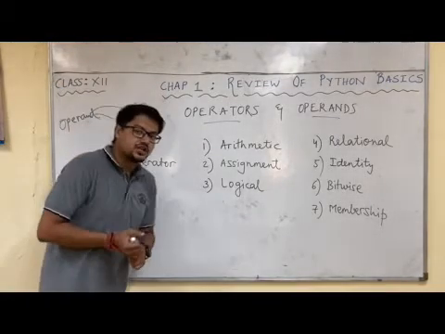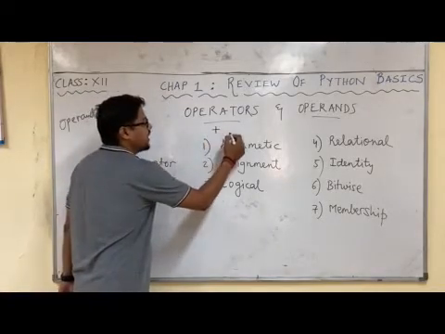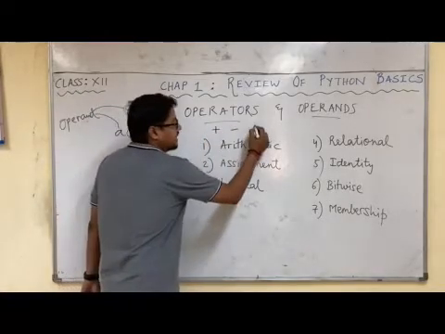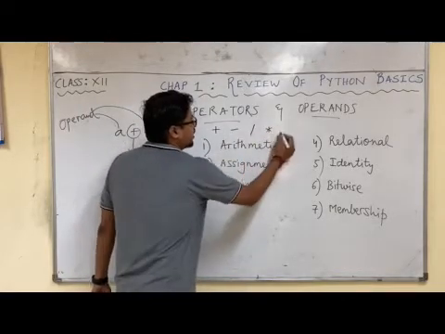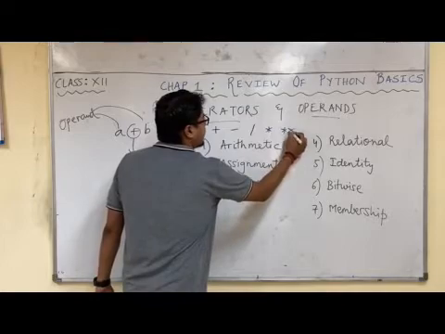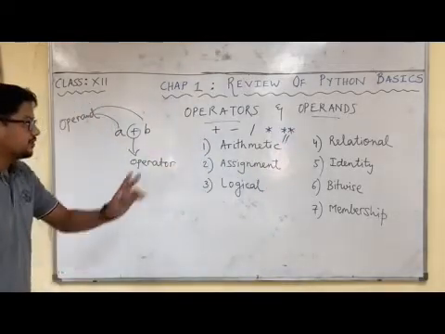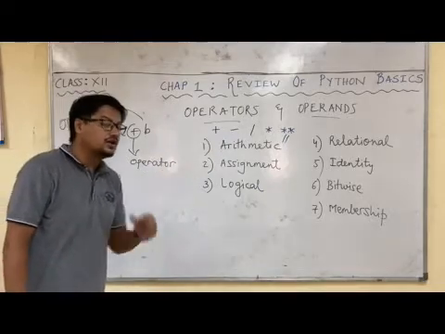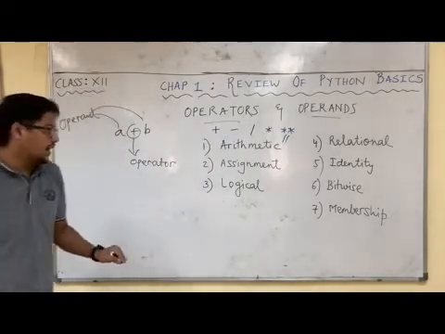Arithmetic operators majorly dealt with the operations, that is unary and binary: addition, subtraction, division, multiplication, that is product, exponent, and floor division. Okay, don't forget the difference between floor division and normal division. Floor division will actually ignore the decimal part.